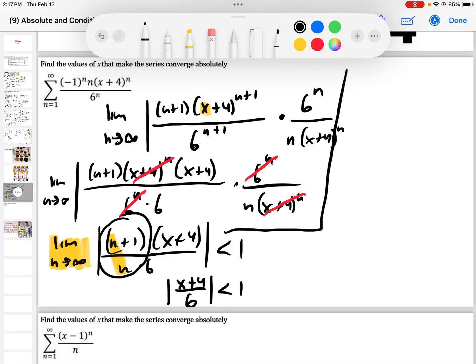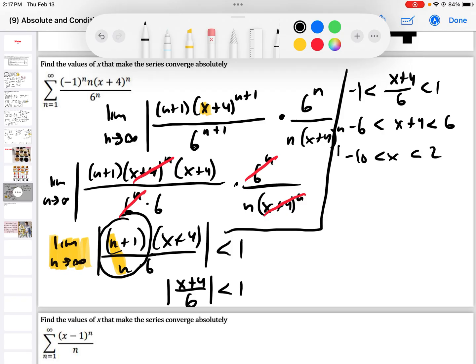I can solve that by saying x plus 4 over 6 is less than 1 but greater than negative 1. Then multiply everything by 6, and then subtract 4. So these are the values of x in between negative 10 and 2, not including those numbers.